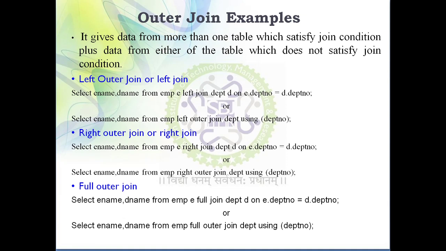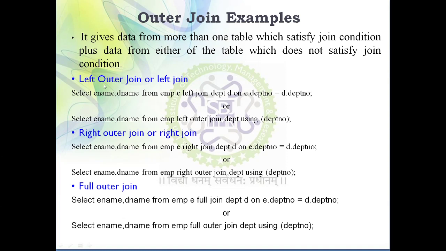That means the benefit of outer join is that it returns data which satisfies the condition, as well as data which does not. There is a provision to retrieve both kinds of data, which is not there in inner join.